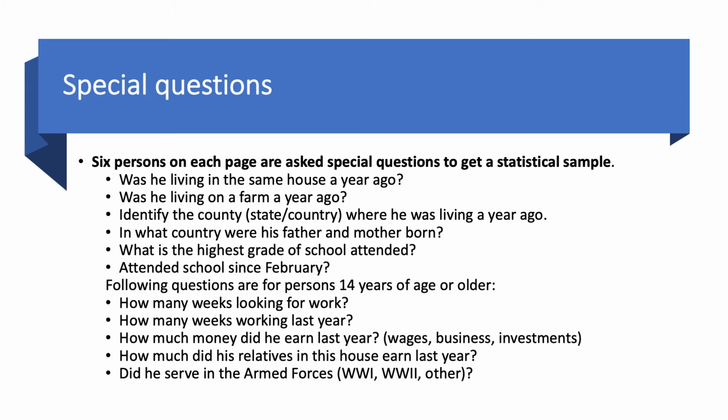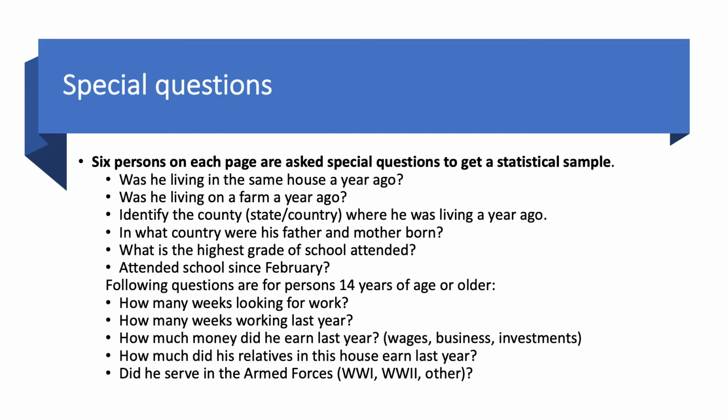Was he, meaning he or she, living in the same house a year ago? Was he living on a farm a year ago? Identify the county or state or country where he was living a year ago. In what country were his father and mother born? What is the highest grade of school attended? Was he attending school since February of this year?